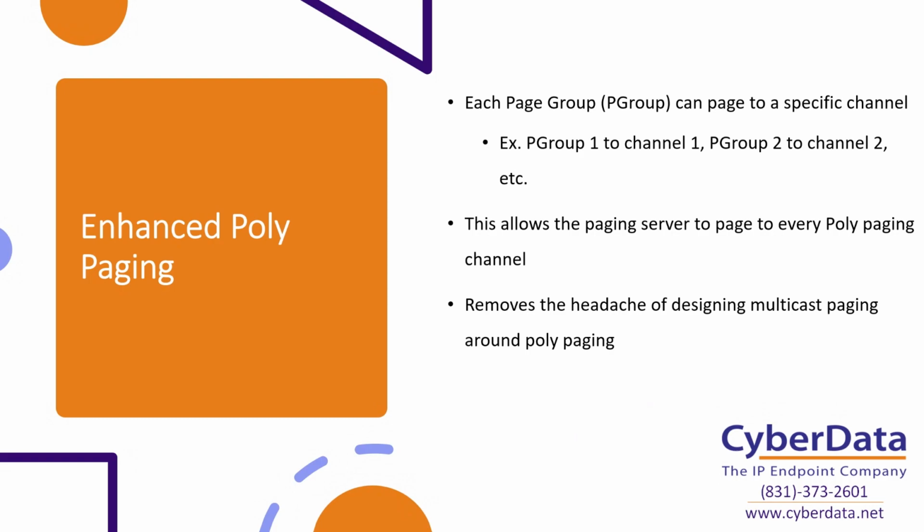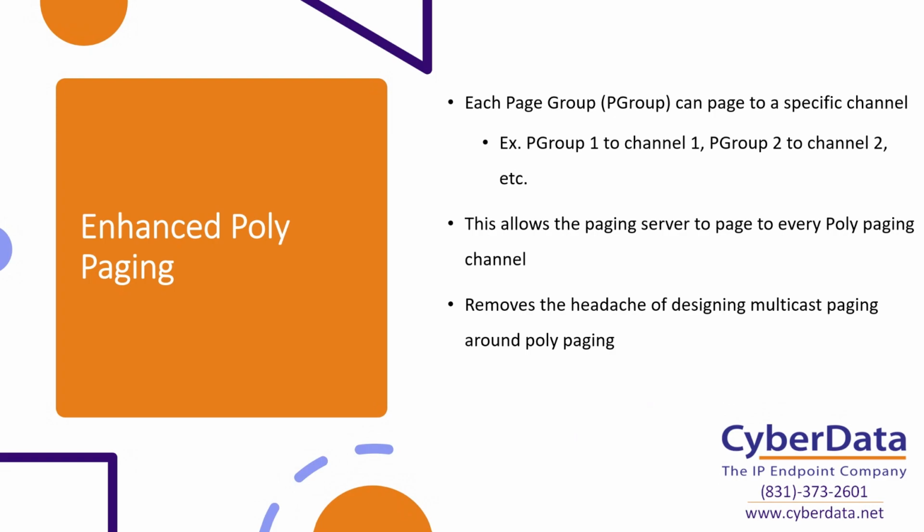So we added the capability for each page group, or P group as we refer to them, to map to a specific channel. As an example, you can have P group number 1, 01, when you call the paging server is channel 1, and P group 2 can be channel 2, so on and so forth through the different groups. So this allows the paging server to page to every single Polycom channel, which honestly makes it better than paging to Polycom phones, which is just kind of cool.